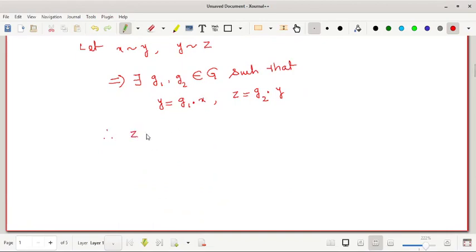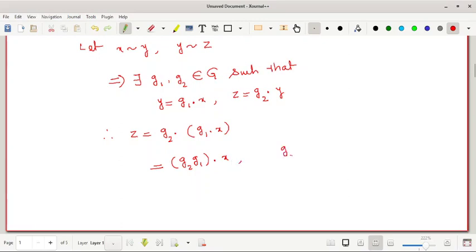Therefore, I can write z is equal to g2 dot y, which is g2 dot (g1 dot x). By using the property of group action, it is (g2 g1) dot x.